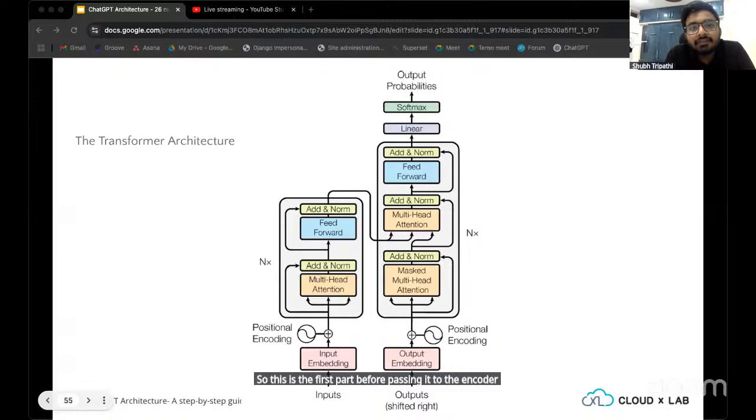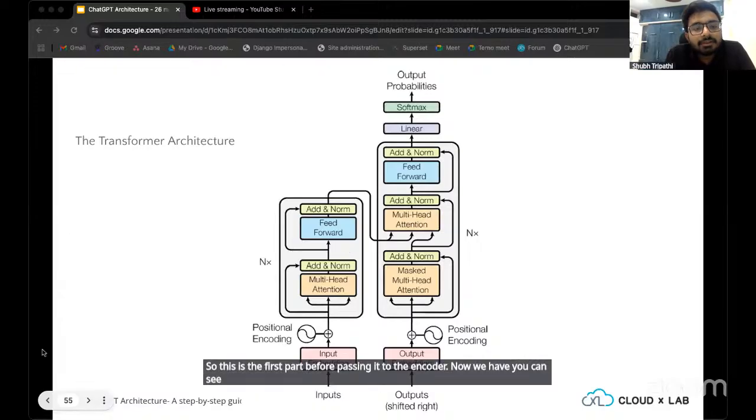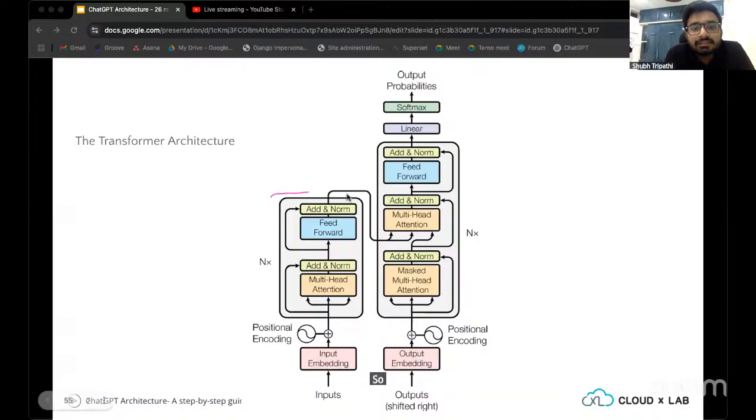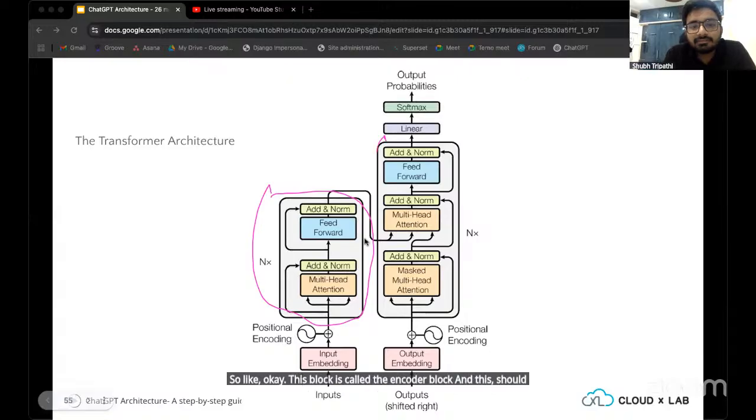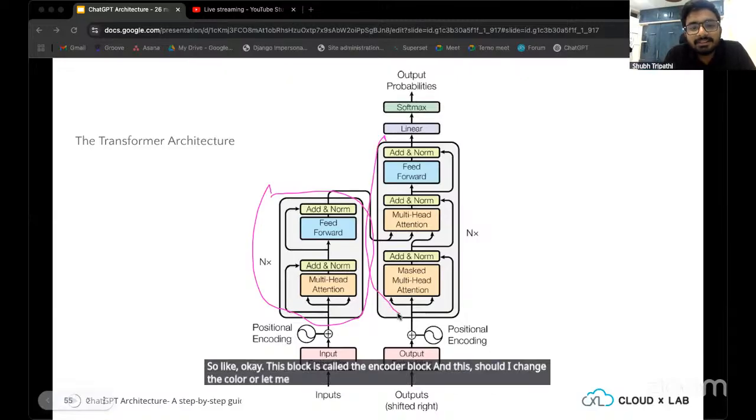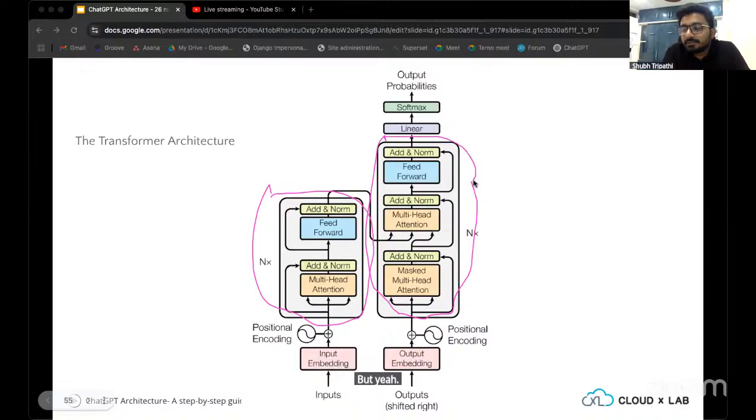Now you can see that we have both an encoder block and a decoder block. I'm not quite good with drawing, but it's good enough to explain things.